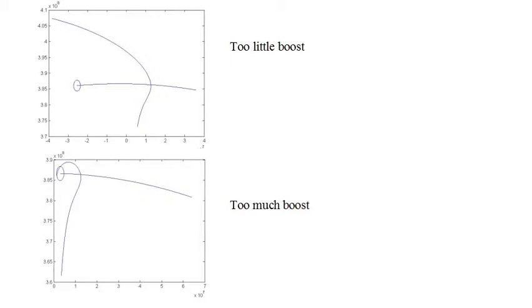We can see from the top graph that we gave it too little, too late, and the rocket didn't go into orbit. In the second graph, we increase the boost value, and if you look closely, you can see that the rocket hits the moon as it tries to pass in front of the moon on its first orbit. So we need to reduce the boost a little.